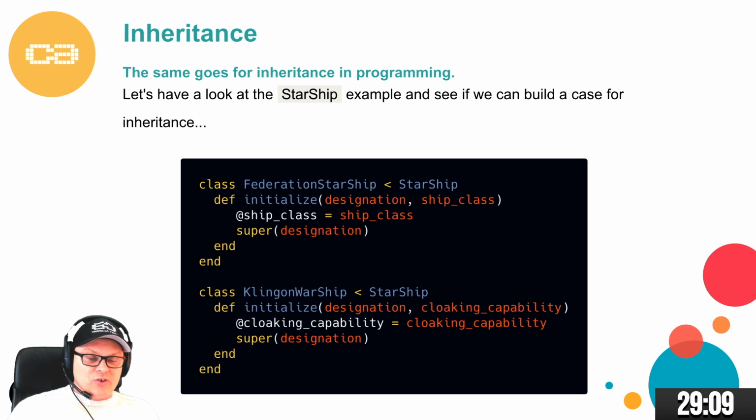So in Star Trek, you have the Federation, and you also have Klingons, right? Federation starships have something called ship classes, which you use to describe a Federation starship, whereas Klingons don't really care about ship classes. They actually do, but let's say for the sake of this argument that they don't.